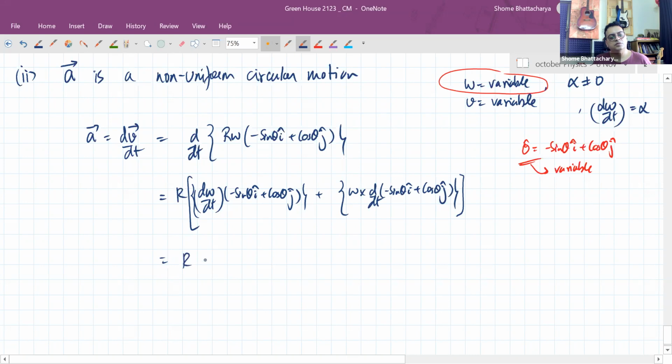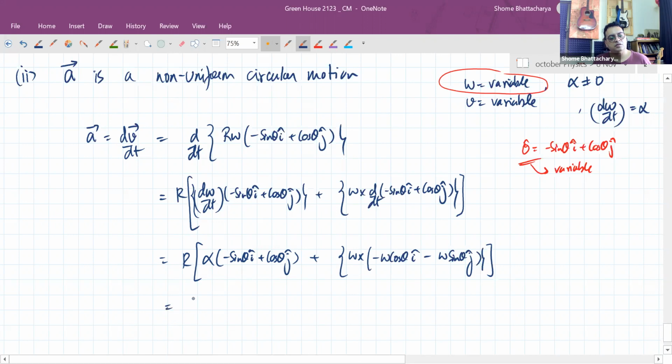So this becomes R into alpha, whereas this is really the same term that we've seen before. When we differentiate this, it becomes minus omega cos theta i cap minus omega sin theta j cap.